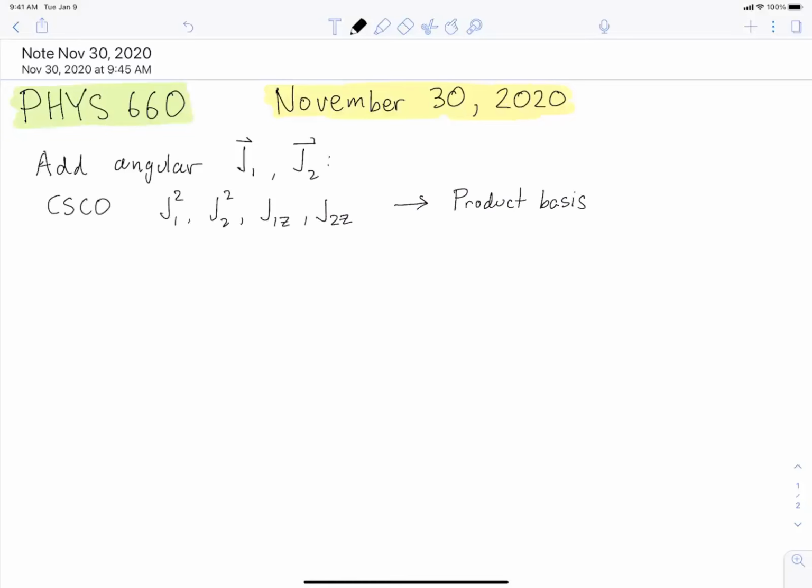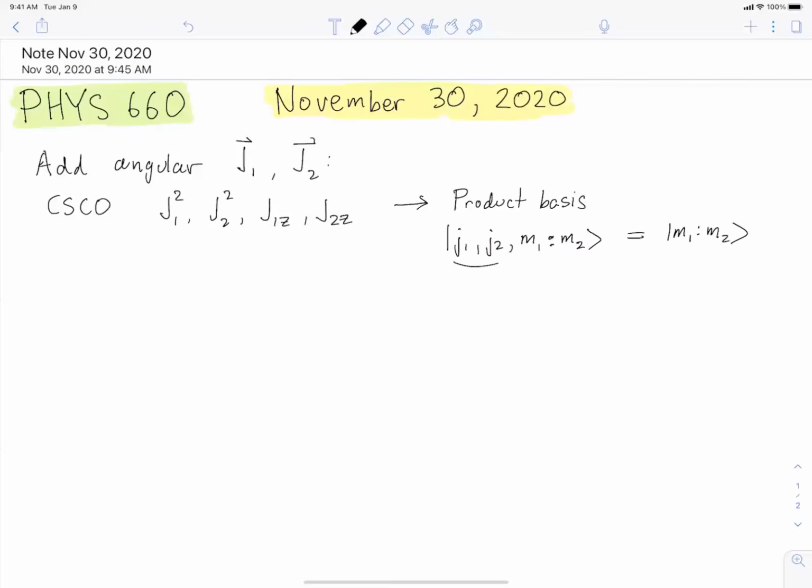Okay, and we can label this in different ways. One way is we write J1, J2, M1, and then I'm going to put a colon, M1 and M2. Or sometimes I can just omit the J1 and J2 and just write it as M1 and M2.